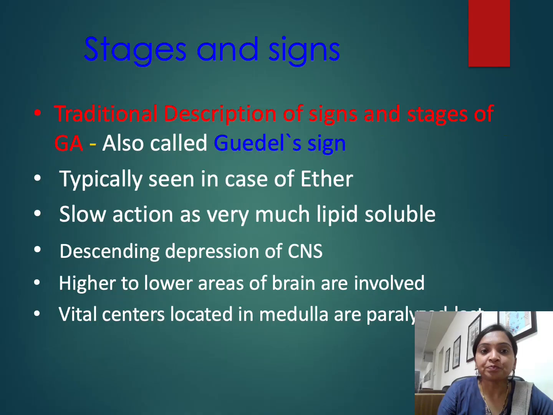Before we know these anesthetics, you should know the stages of anesthesia, which are the stages of loss of all the sensation and the definition you read about general anesthesia. It is classified into 4 stages, and this staging is also called Guedel's sign.